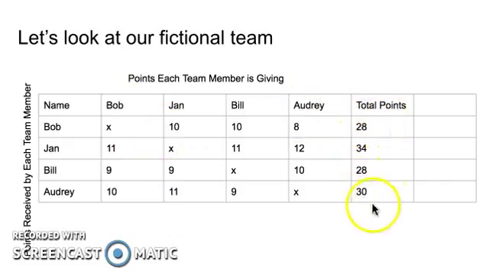Here in the following column is the total number of points. After the total number of points is put together, we look at a couple of different things. We see that here, looking at the 34 points put together for Jan, Jan has set the standard.